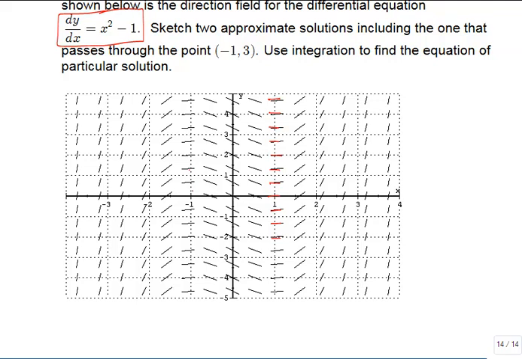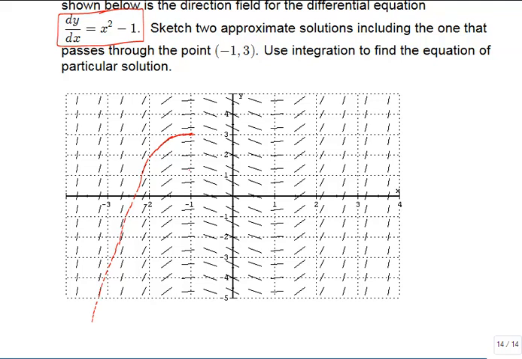So -1, 3 would be right here. So we want to draw the solution that's going to pass through that point and follow the direction of these little dashed lines, because these are the slopes that my graphs are supposed to have. So if we are sort of flat right here, and as we go left, we're following these little dashed lines, you can kind of see that I'm going to have to go down like this.